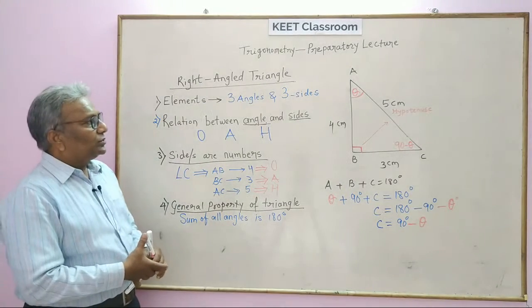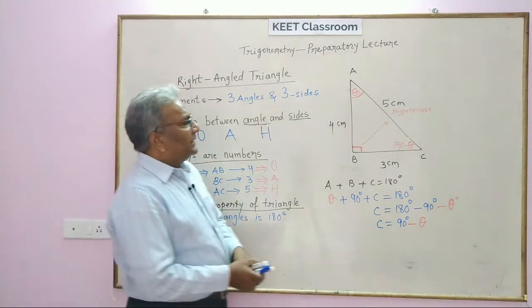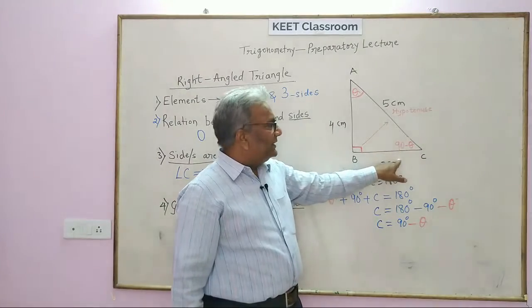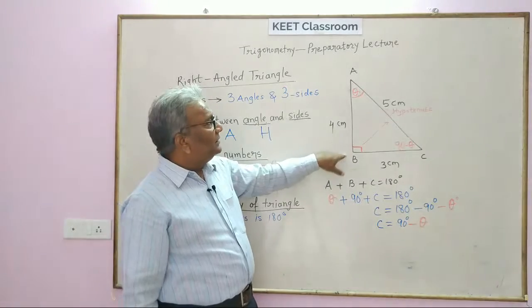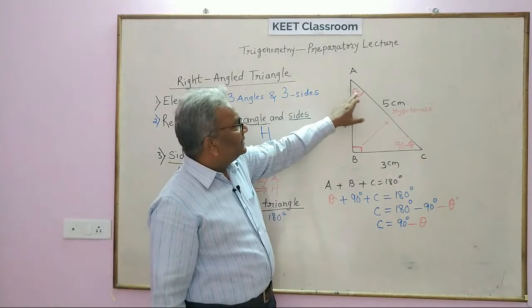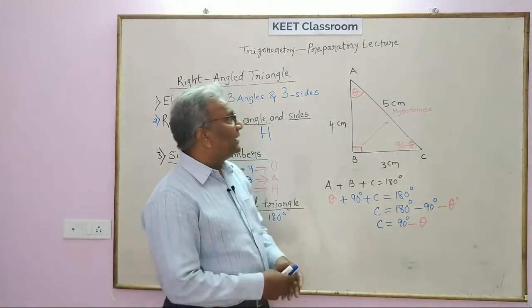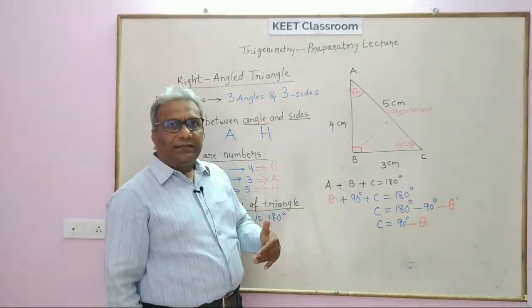So here you can note that if angle C is 90 minus theta and angle B is 90, then definitely this angle theta and 90 minus theta must be less than 90.